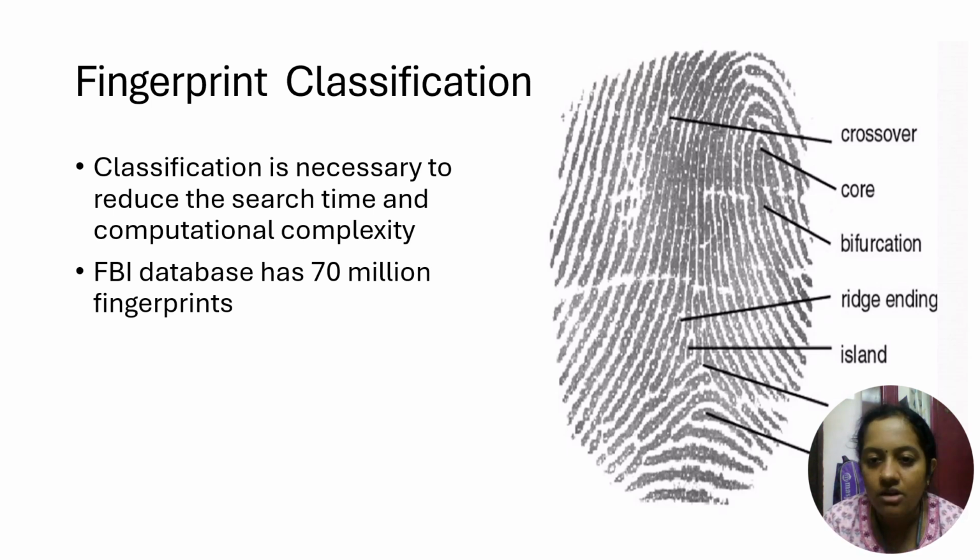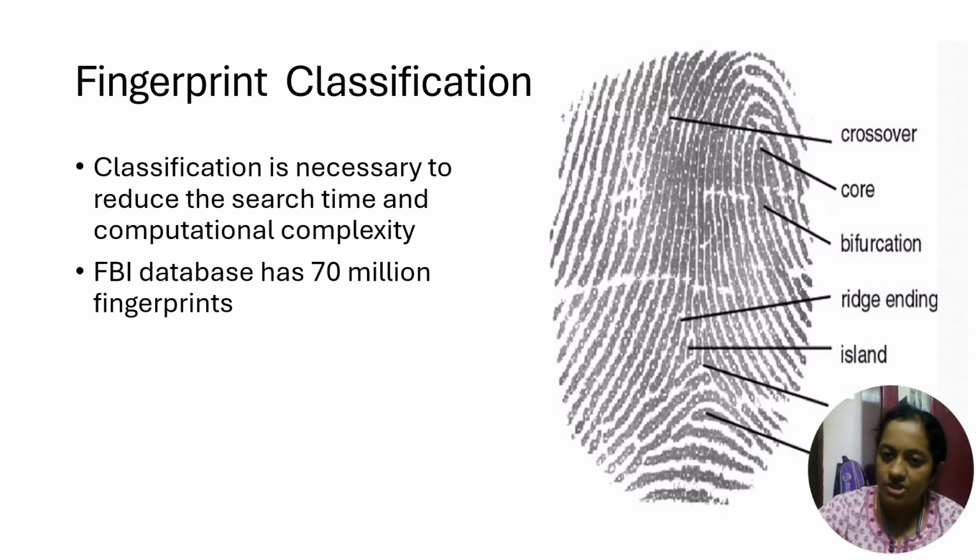Over here, on the right side, you can see that a fingerprint has ridges and furrows. The gray areas are called ridges and the white areas are called furrows, like when a tractor plows the land.